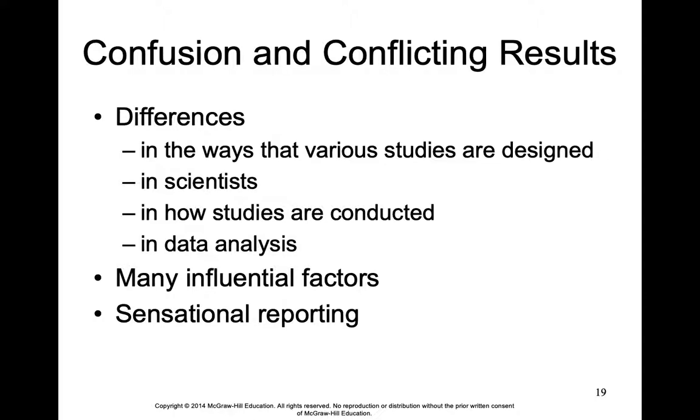So hopefully you're getting a little bit better sense of why there is a lot of confusion and a lot of conflicting results generated by nutrition studies. And which for consumers certainly can be disappointing and confusing and frustrating. And it makes it look like scientists and nutritionists don't know what they're doing.